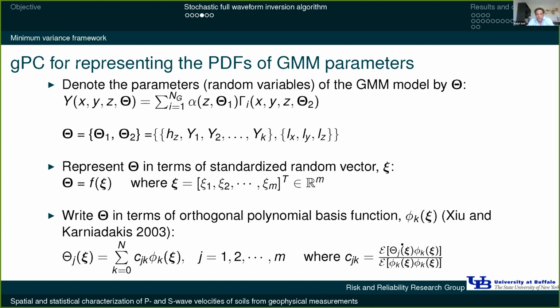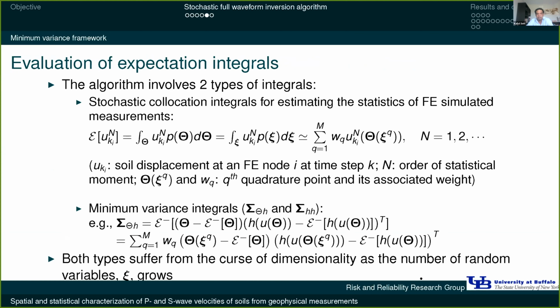It is important to mention here, these PDFs are all approximate, coming out of the generalized polynomial chaos theory. The mean and variance are coming from the minimum variance framework. Now, this minimum variance framework involves two types of expectation integral. One is the stochastic collocation integral that is needed to estimate the statistics of the finite element simulated measurements.